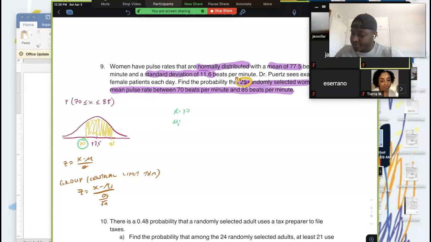Mean is 77.5. Standard deviation is 11.6, and n is 25. I said it like 5 times and I already forgot. All right, so we're going to plug all that in. So z equals 70 minus 77.5 over 11.6 divided by the square root of 25.